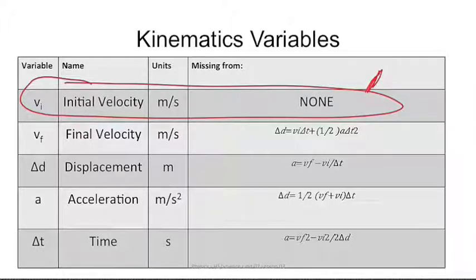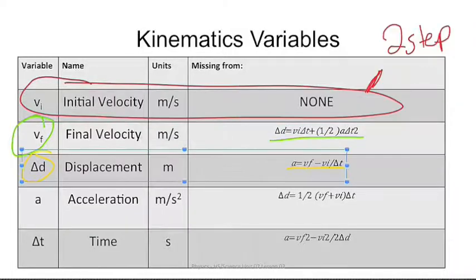Sometimes that's the key to a 2-step problem. All these other equations have it in them. Every other equation is missing a different variable. Final velocity, or F, is missing this right here. Displacement, there's no displacement in this equation, and so on. But each one of these equations is missing one variable.